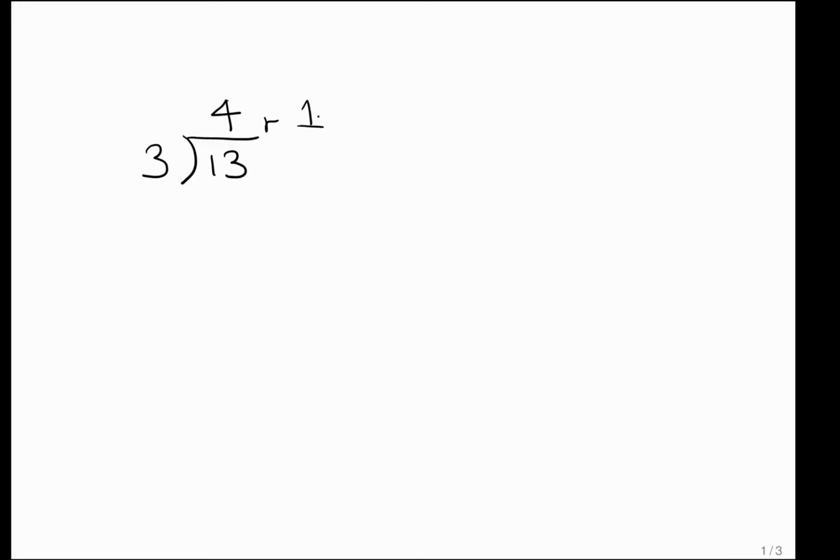The number that we start with is called the dividend. The number we're dividing by is called the divisor. This then gives us the quotient, along with the remainder.